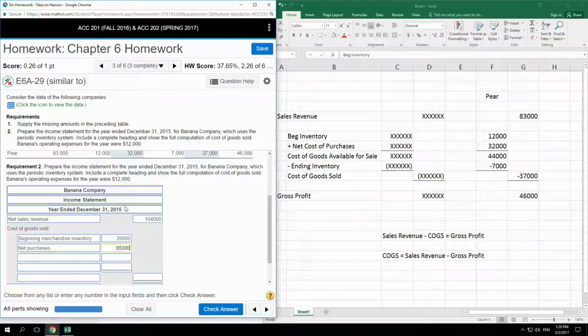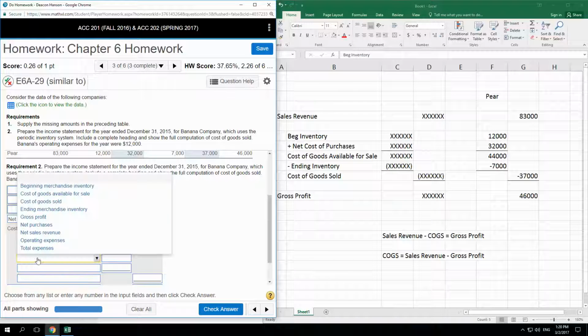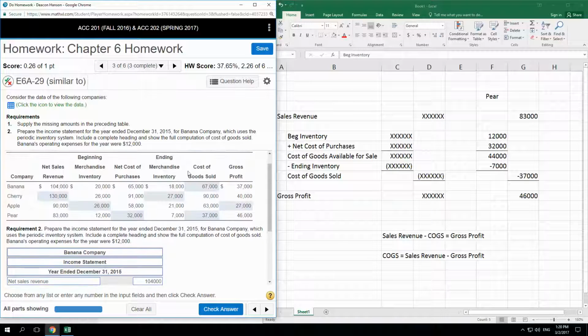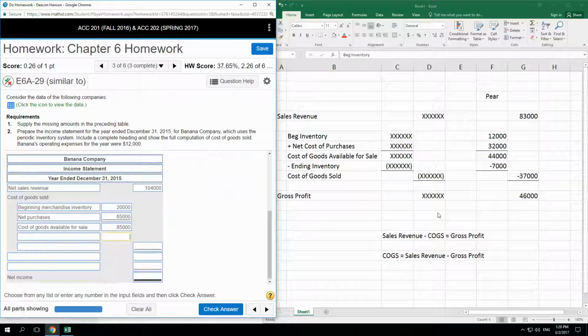And then beginning inventory plus net purchases gives you my cost of goods available for sale. That's going to be 85,000. Then we're going to subtract ending merchandise inventory, which is 18,000. So you can put the 18,000 over here.